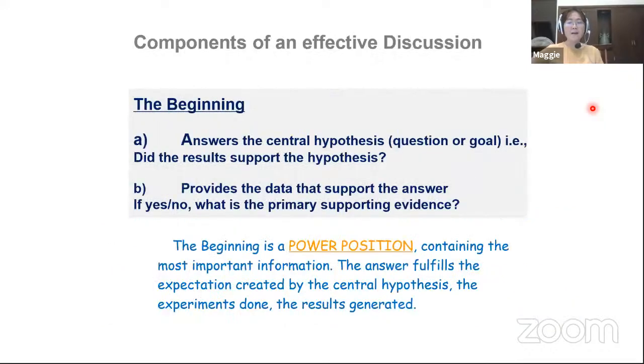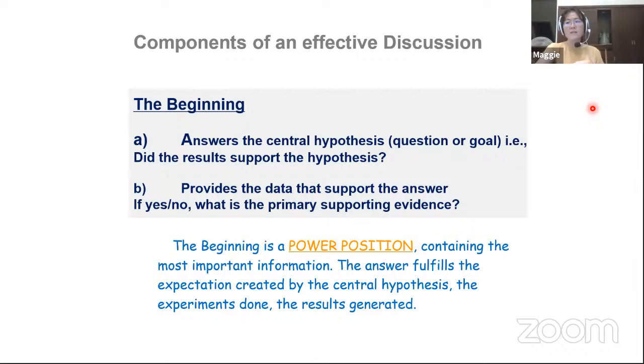First, the beginning part. You can answer the central hypothesis. Did the results support the hypothesis? Because you have stated the hypothesis in the introduction and then described your results, here you can answer the central question: did the results support my hypothesis? Provide the data that support the answer.